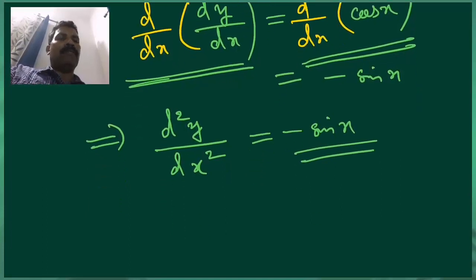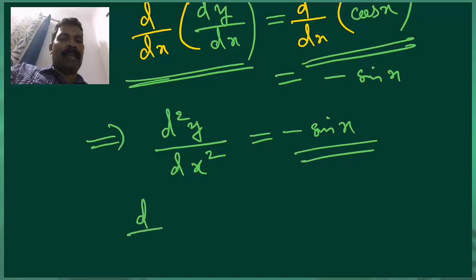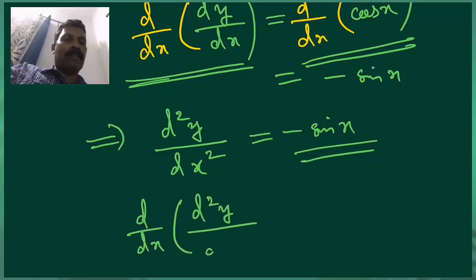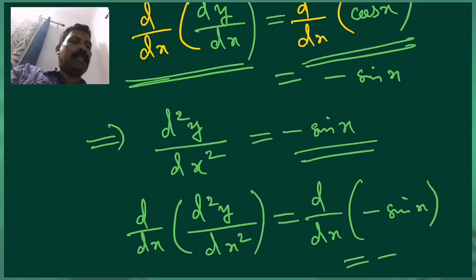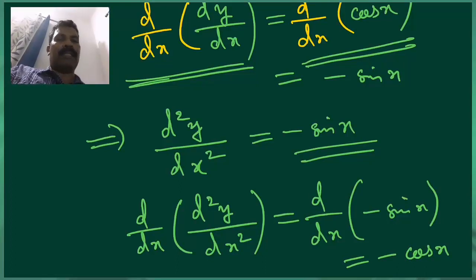If we want, we can proceed again, that is, take the derivative on both sides again. That is equal to d by dx of negative sin x, and we know that is negative cos x, because the derivative of sin x is cos x.